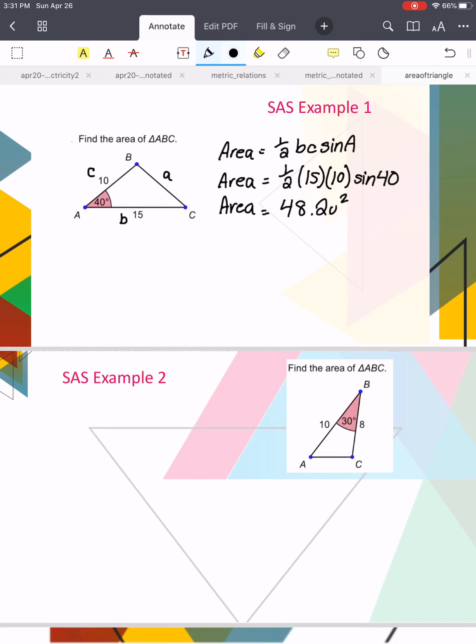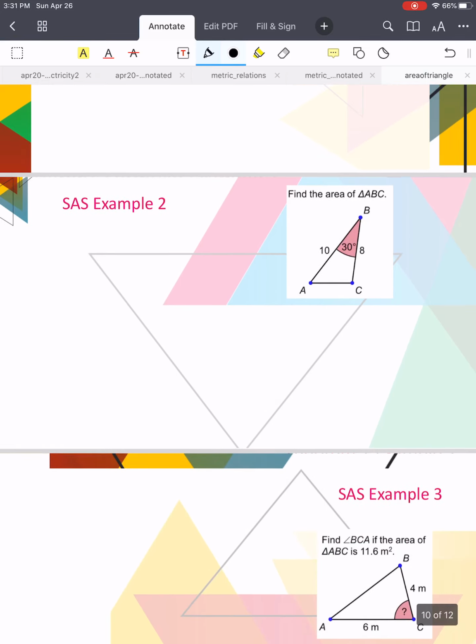Let's do another example of that. This one says also to find the area of triangle ABC. We have our sides. Here's B, here's A, here's C. Since we're given angle B, we're going to use the second option.